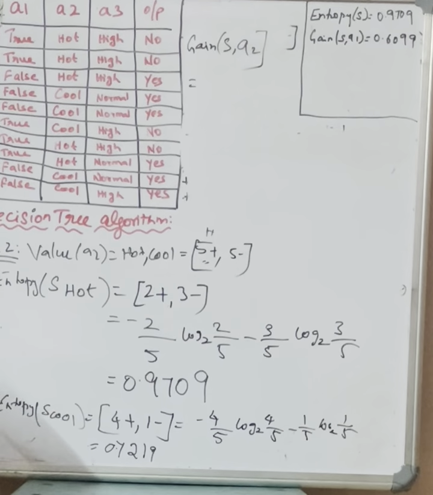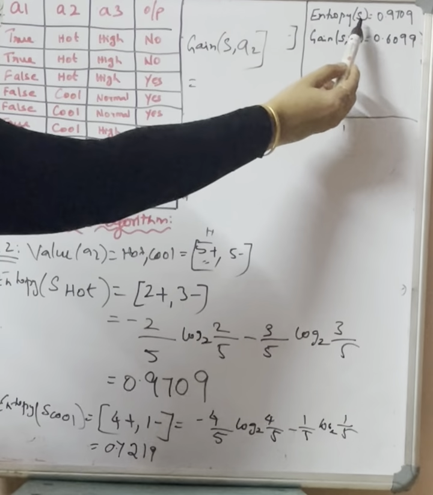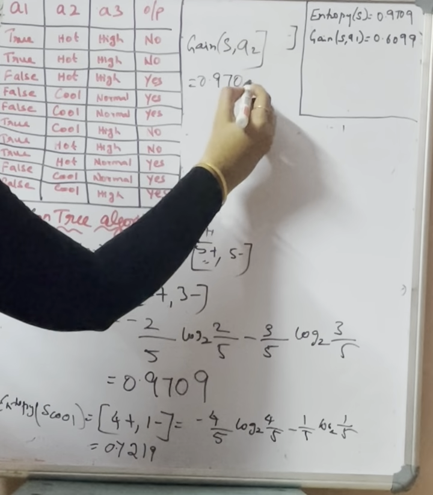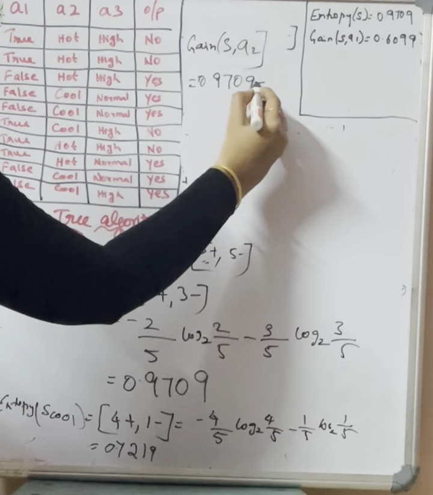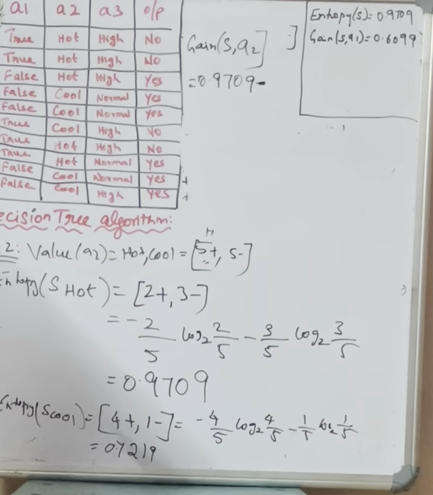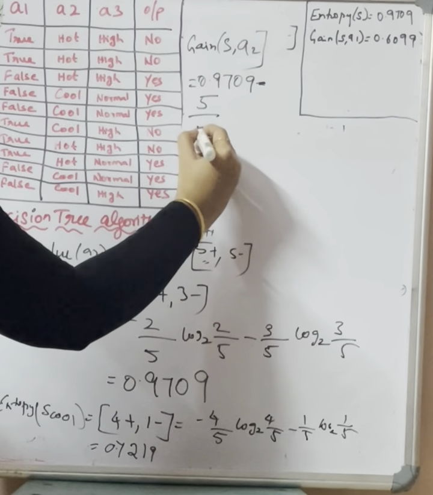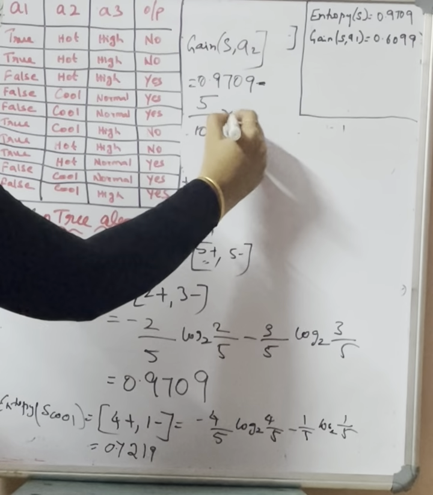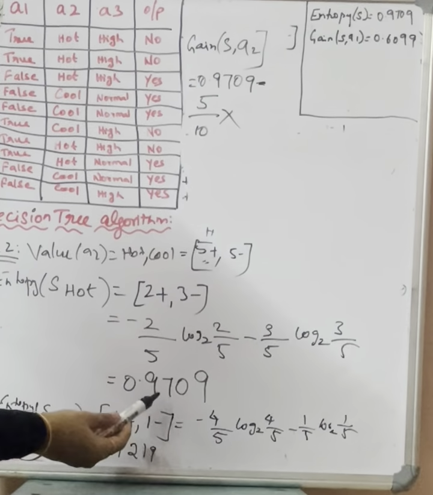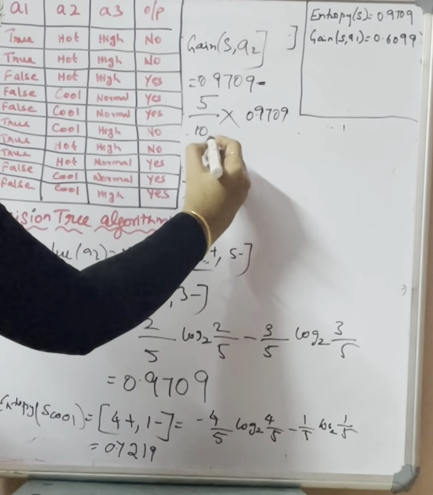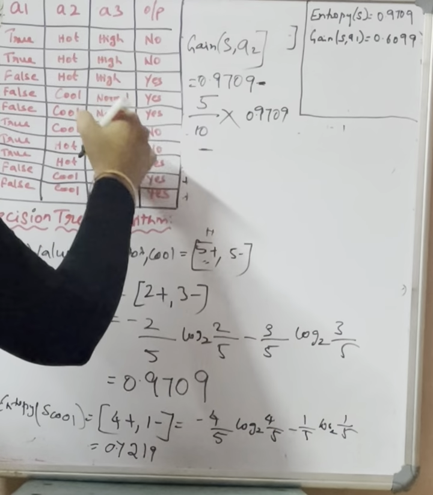And we have to find entropy of S. Already we have entropy of S. The whole sample entropy is 0.9709. Right? So minus, how I can apply the formula? I will have 5 out of 10 sample as hot into what is the entropy of hot? 0.9709. Minus, how many cool are there?